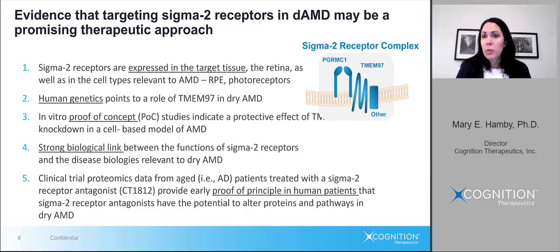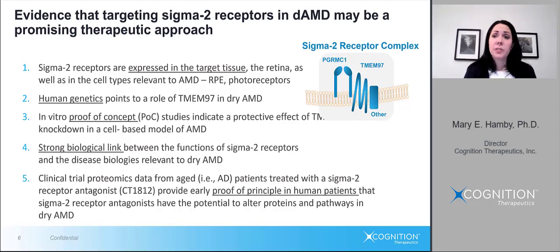Secondly, human genetics points to a role of TMEM97 in dry AMD, and I'll take you through the details of that on the next slide. In vitro proof of concept studies indicate a protective effect of TMEM97 knockdown in a cell-based model of AMD. And there's also a strong biological link between functions of sigma-2 receptors and the disease biologies relevant to dry AMD.